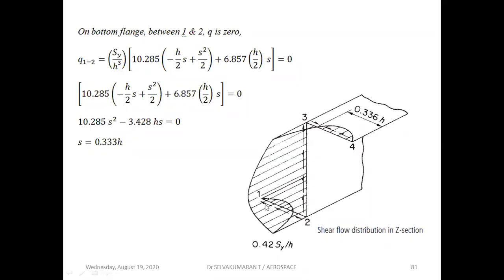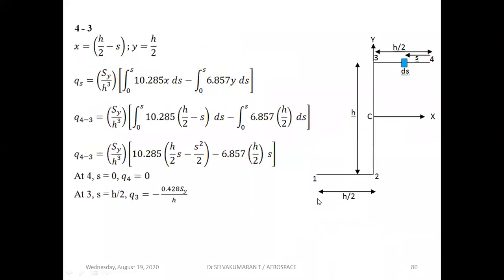Now the direction of the shear flow, the arrow mark. See here we are taking the S direction.